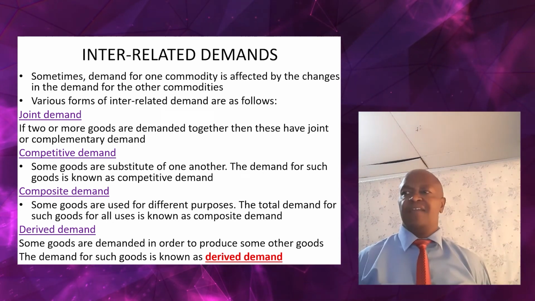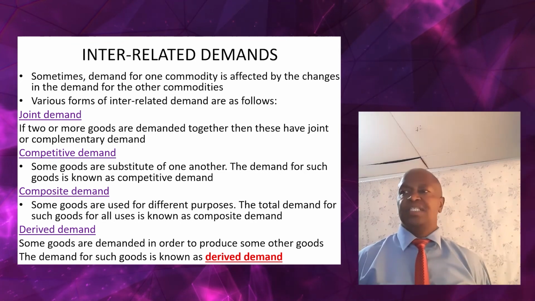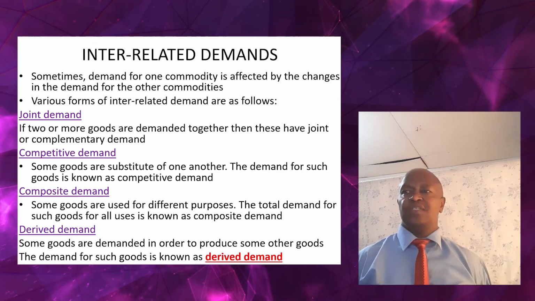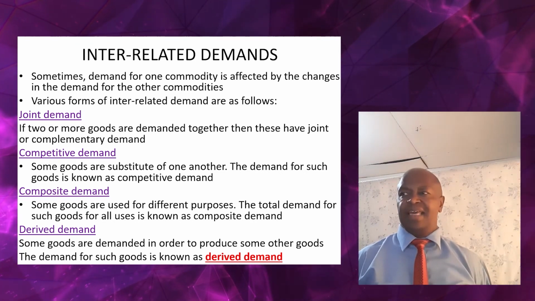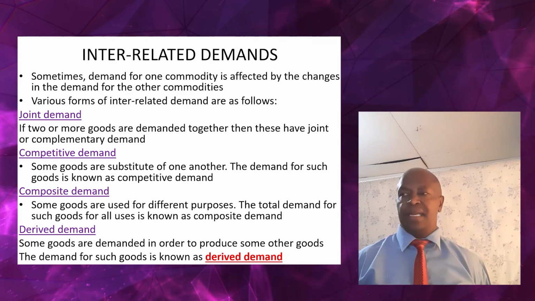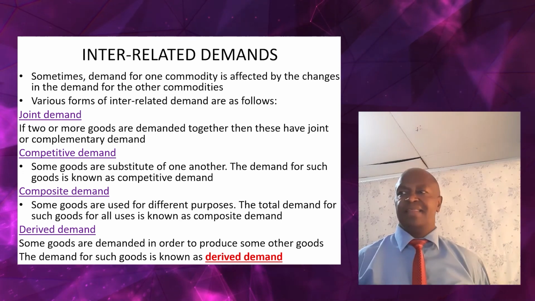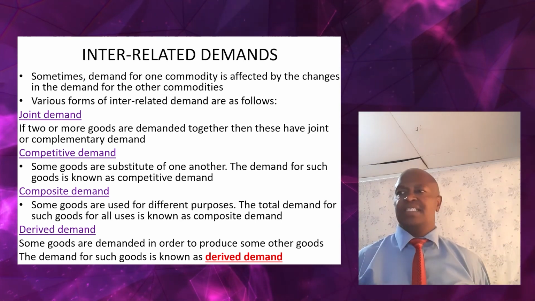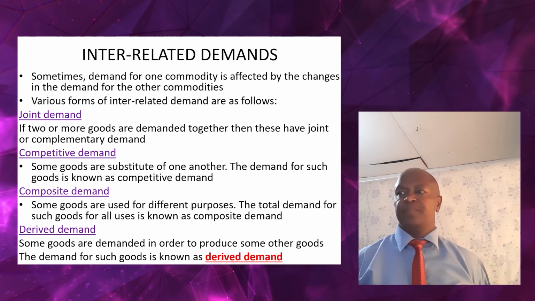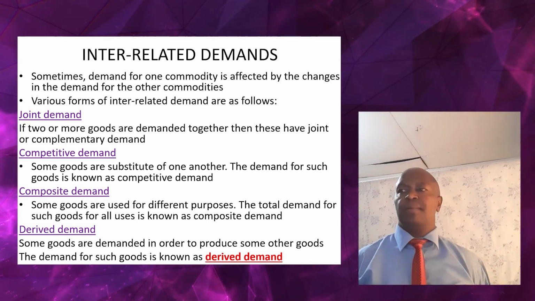Number 4, we have derived demand. When goods are demanded by the consumers for satisfying their wants, then these goods have direct demand. For example, demand for food and clothing. Some goods are demanded in order to produce some other goods.